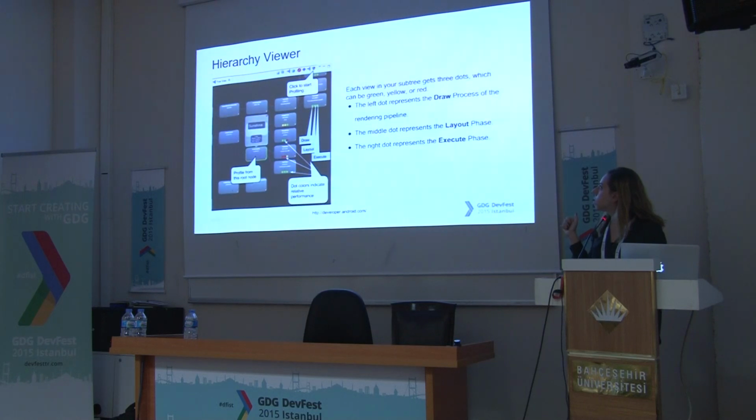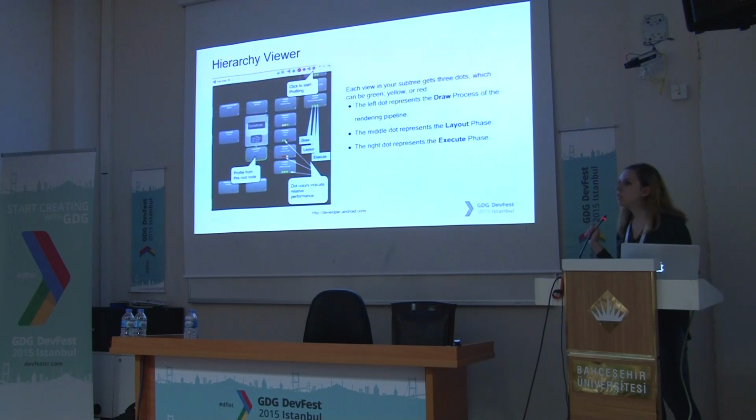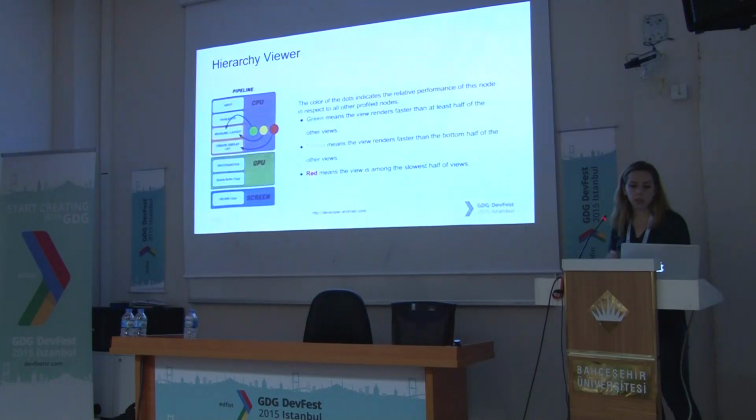The left one represents the draw process, the middle one layout, and the right one represents the execute process. There will be three colors, green, yellow, and red, and each has a meaning here. Green means the view renders faster than at least half of the other views. Yellow means the view renders faster than the bottom half of the other views. And red means the view is among the slowest half of the views.